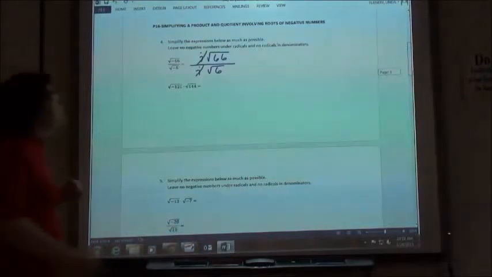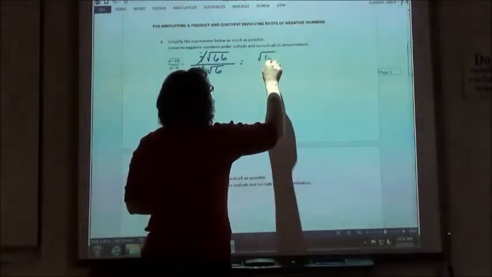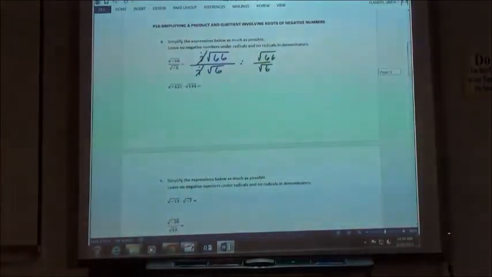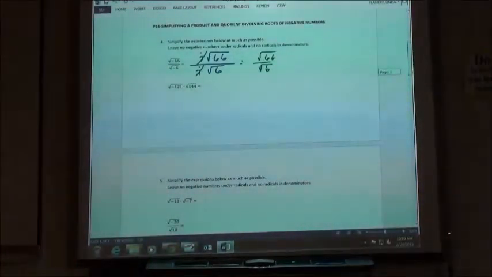Now we need to simplify our expression. We have the square root of 66 over the square root of 6. What can I do with that?